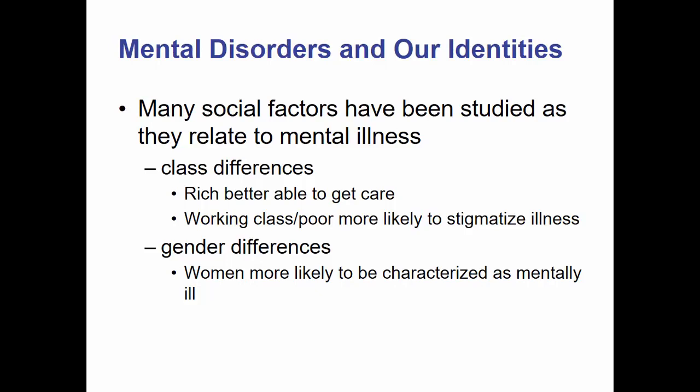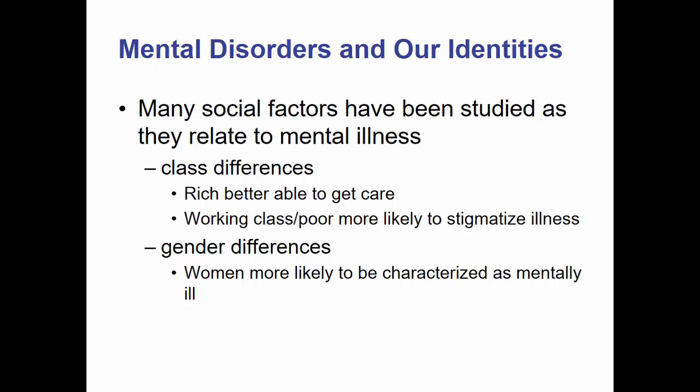Among uneducated populations, it's more difficult to get help because maybe your health insurance isn't the greatest. But it's more likely that if you are working class or poor, or middle class even, you're likely to not get help because you think, oh, well, I'm not crazy, oh, crazy people are bad, those kind of things.